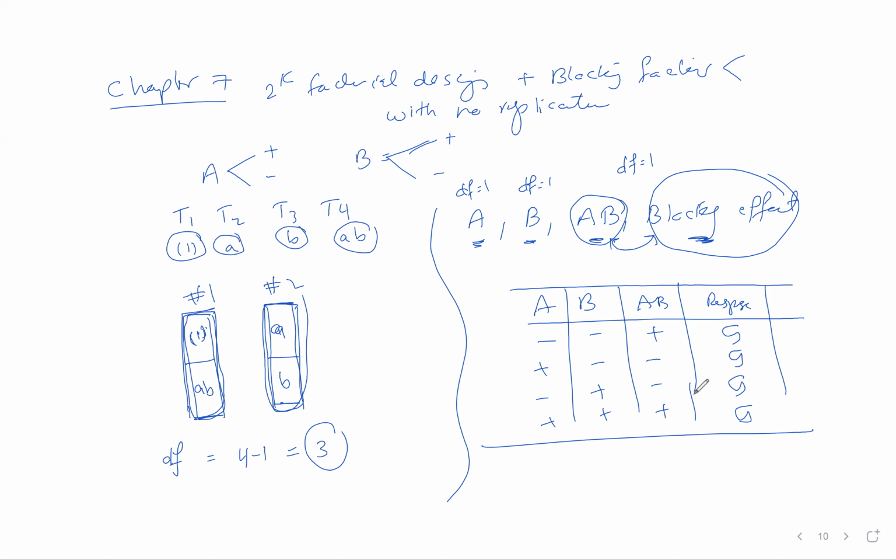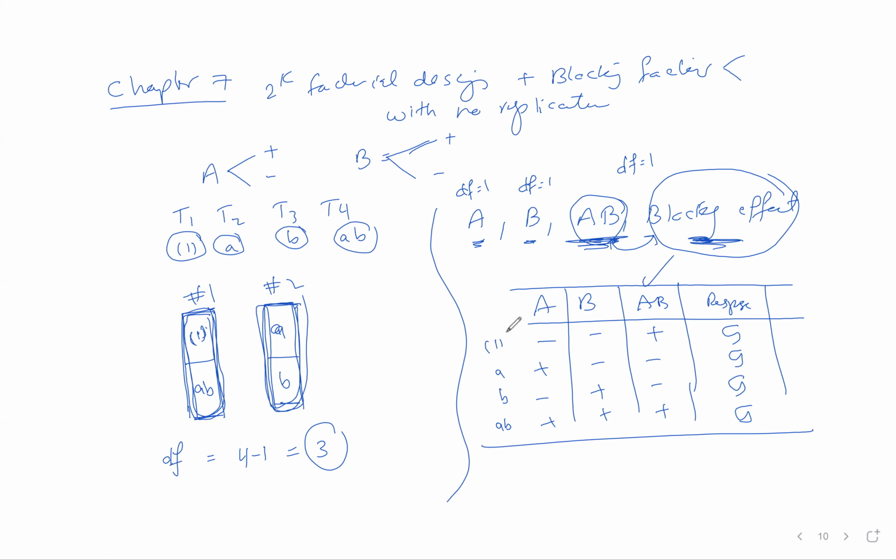So how do I select half of the treatments? This is treatment 1, this is treatment A, this is B, this is AB. How do I select half of the treatments to assign to the first block, and half of the treatments to be assigned to the second block, such that I make the blocking effect confounded with AB? It means it's the same estimation. If you'd like to make AB confounded with the blocking effect, look at the column of AB.